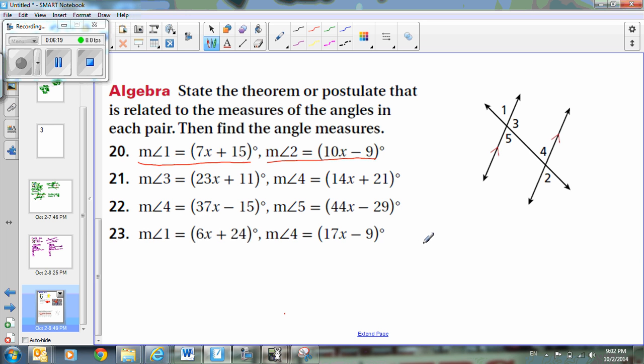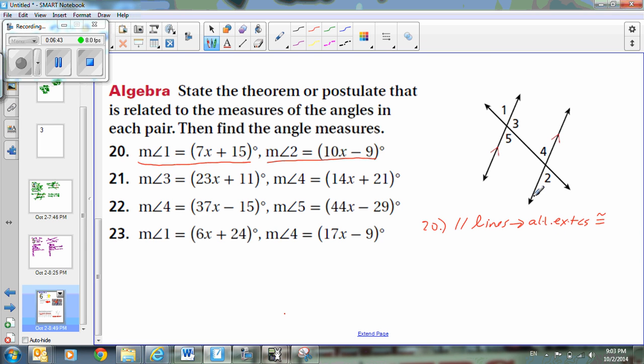So on your paper for number 20, you'll want to write that theorem down first, that whenever parallel lines are cut by a transversal, we can conclude that alternate exterior angles are congruent. And then below that, write your work.